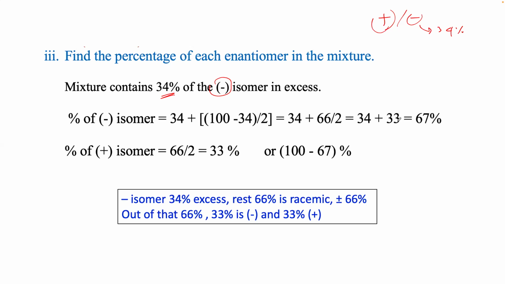So when you combine those, that's 67% actually negative, and only 33% is the plus isomer.